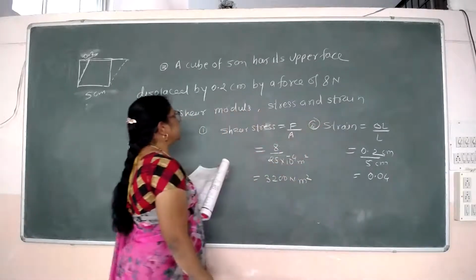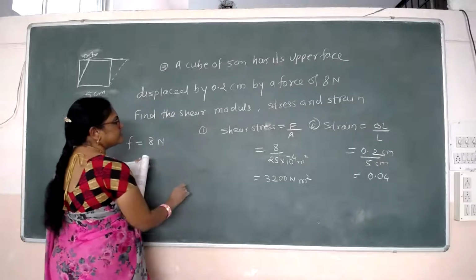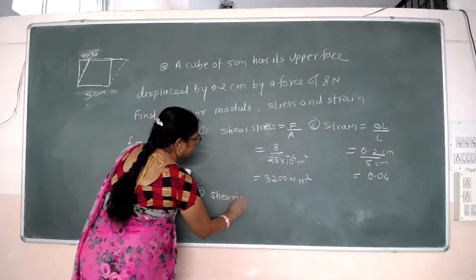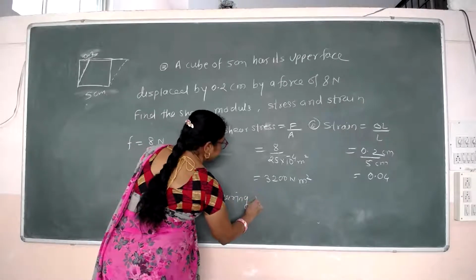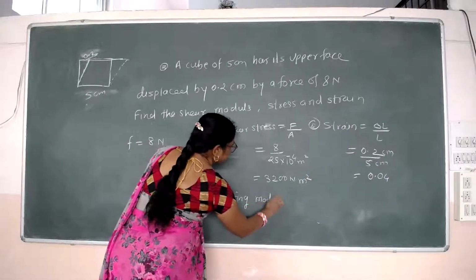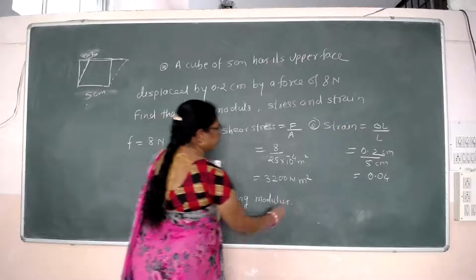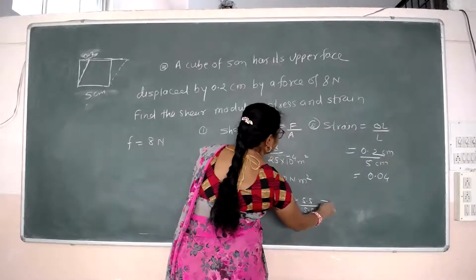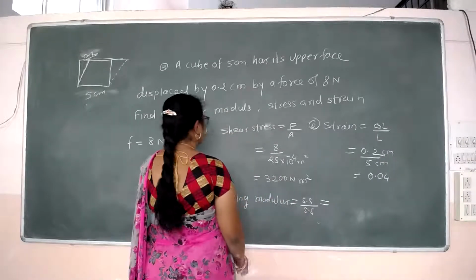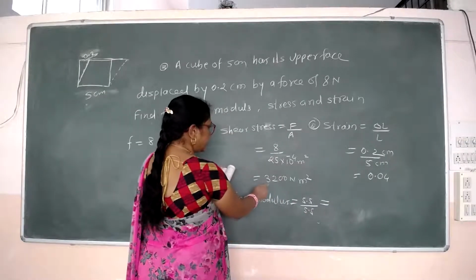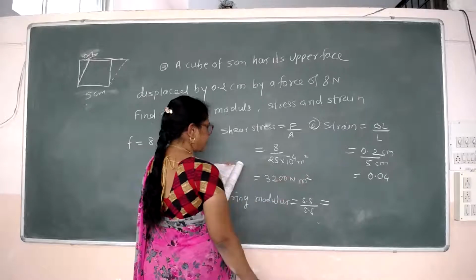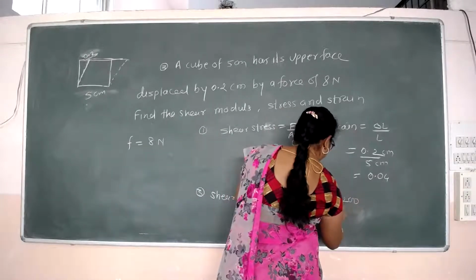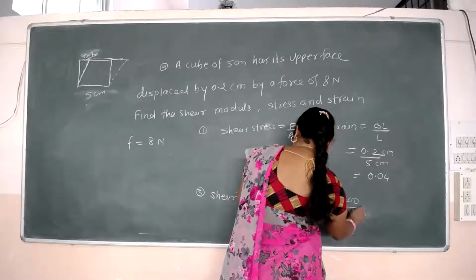Then the third part is the shearing modulus. Because shearing modulus depends upon the stress and strain. Shearing modulus is equal to shearing stress divided by shearing strain. Shearing stress is 3200, divided by 0.04.